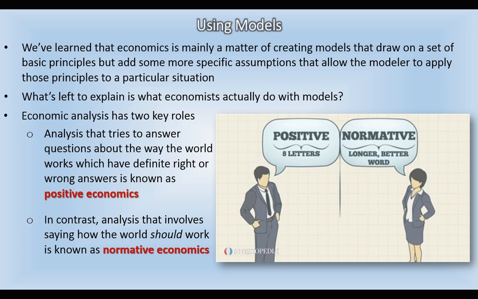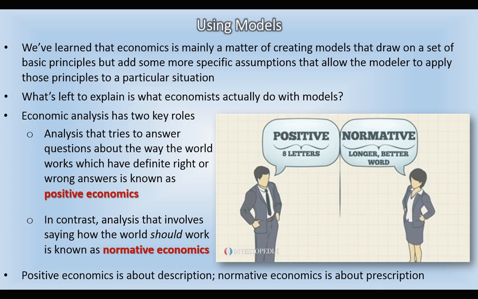So normative economics captures that subjectivity, where whoever is practicing this kind of economics is trying to impose their own idea of what is normal or good onto whatever they're doing, versus somebody working in positive economics, who's basically just saying, this is how things work based on my observations. And then people can say whether that's good or bad, etc., outside of the analysis. So positive economics is about description. Normative economics is about prescription.